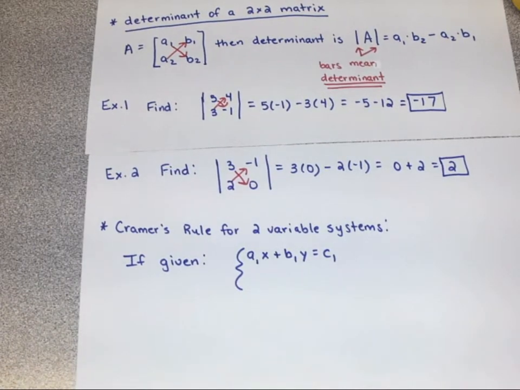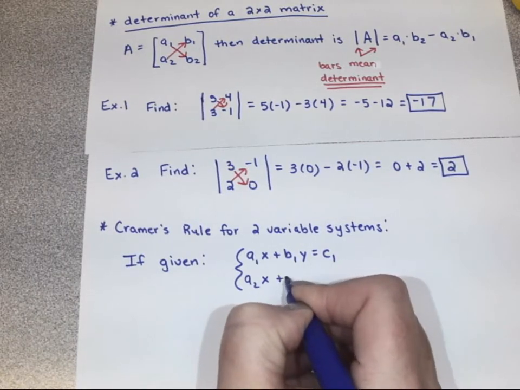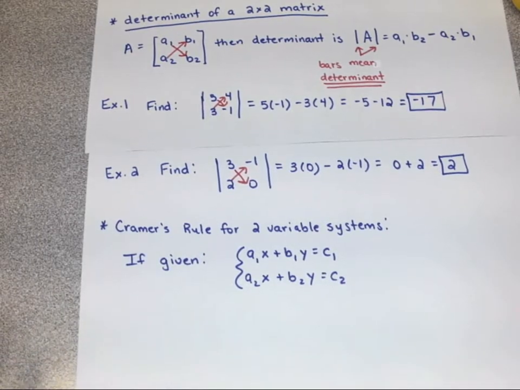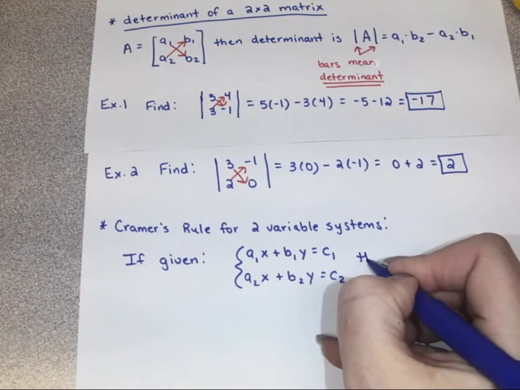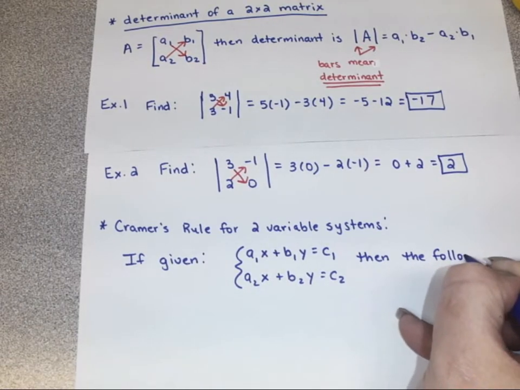So it's just a number x plus a number y equals a number. Okay, and then a second equation where it's the same format, but notice all the numbers are A2, B2, C2.